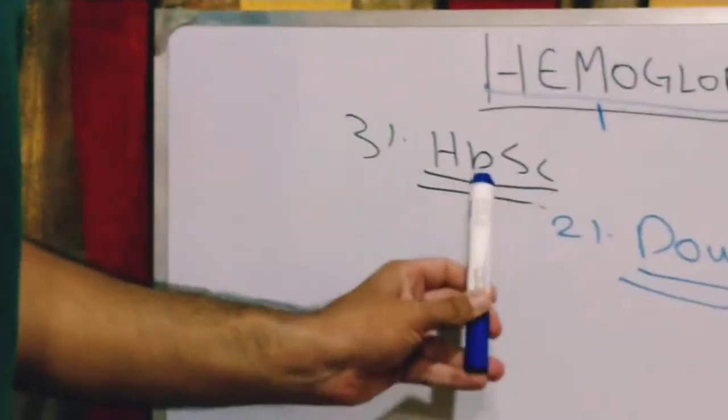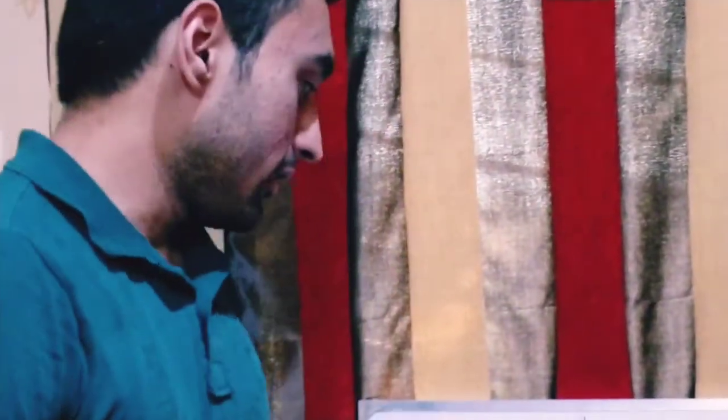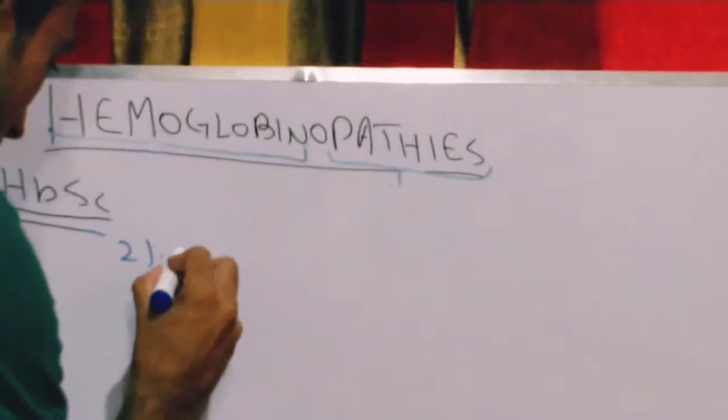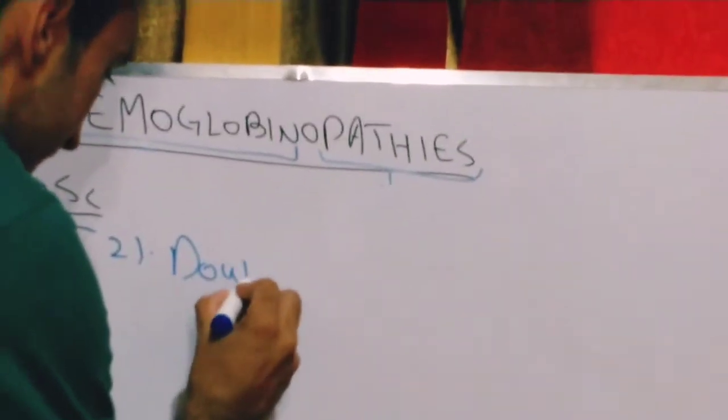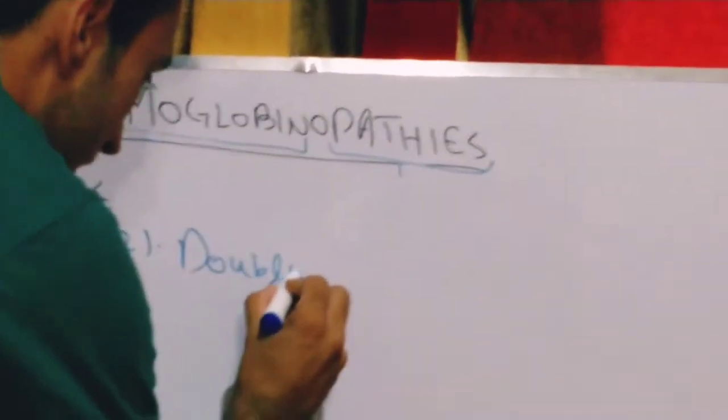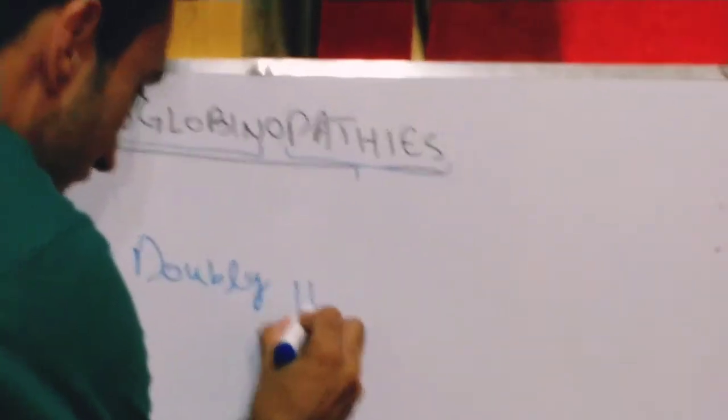This HbSC consists of two beta globin chains that are abnormal. We know that. But this consists of the mutants that are found both in the HbC and HbS disease. Now, explaining the second point, it is designated by the name doubly heterozygous.